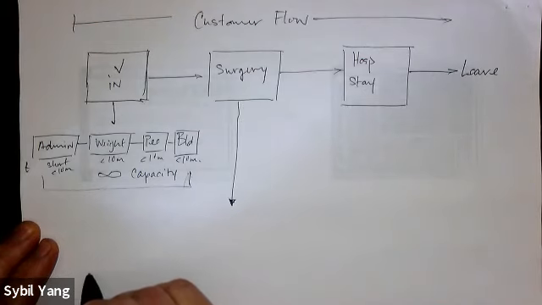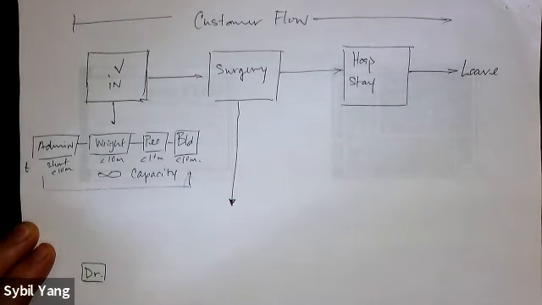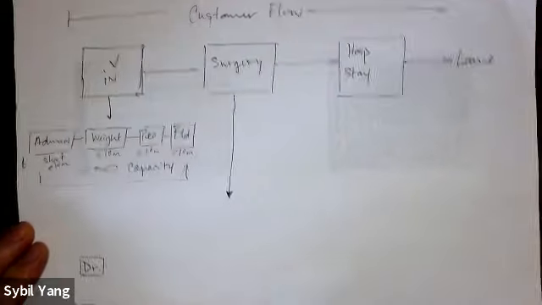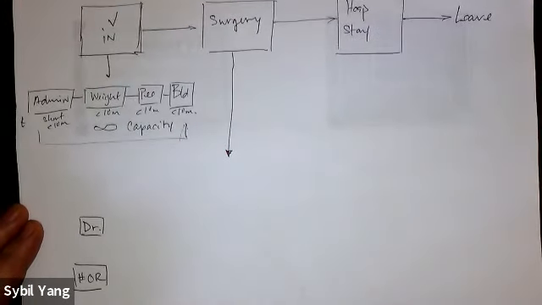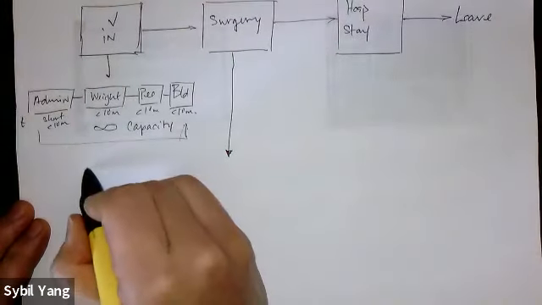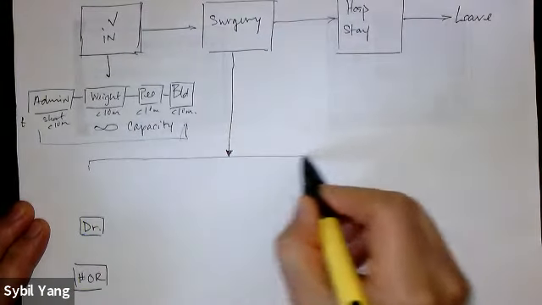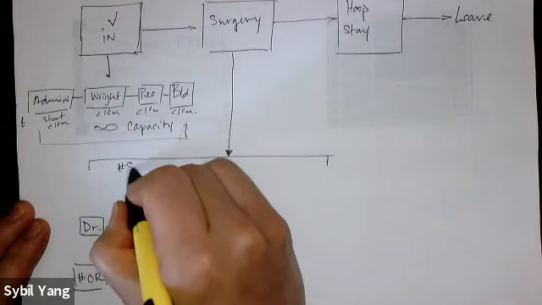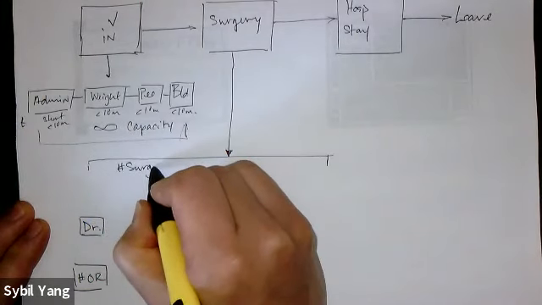I would argue that we have two. The doctors are a constraint, and the number of operating rooms is a constraint to our surgery.